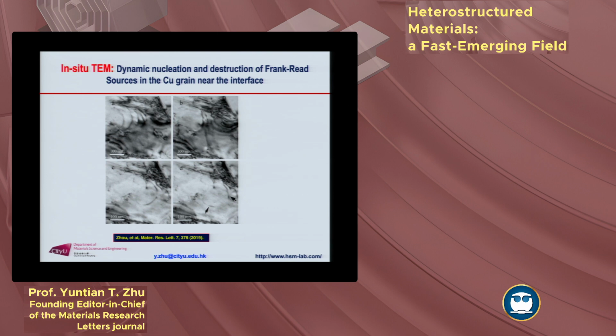And the only problem is all these dislocations from the source, when they got generated, they immediately feed dislocations, and then they disappeared, deactivated. And the dislocation source has a gradient.